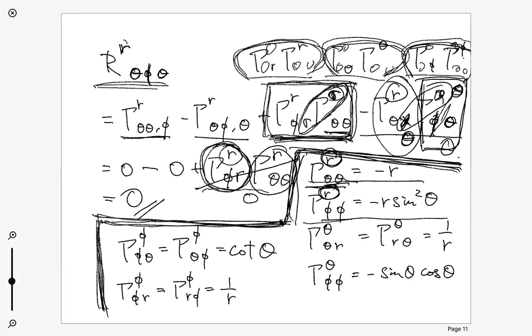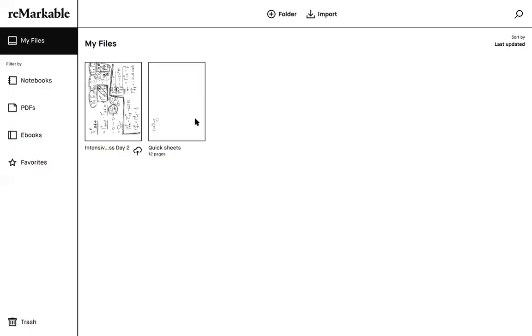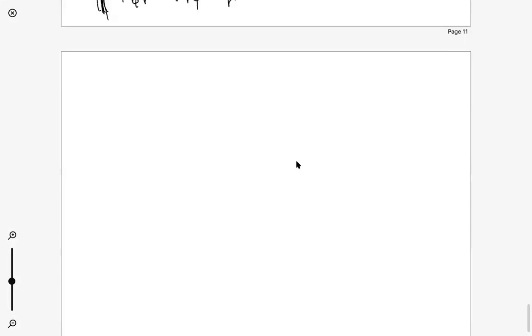Because in question A3, remember, we have calculated the Riemann tensor, right?